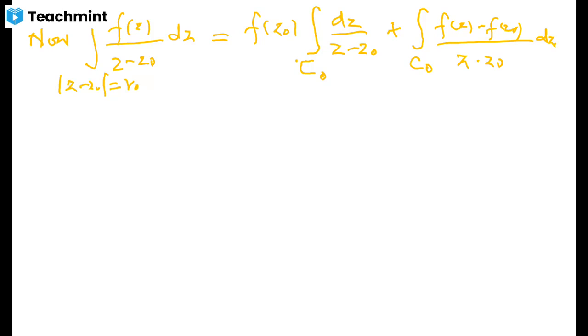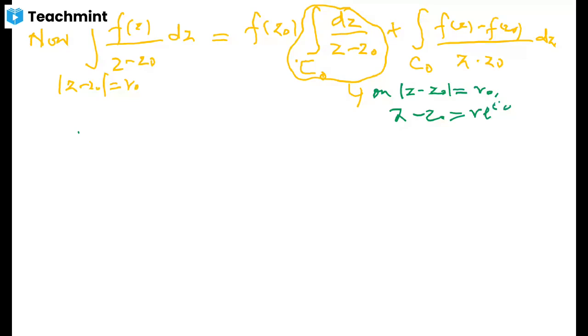But what is the value of this integral? Note that C naught is a circle, on which z minus z naught equals r naught e^(i theta), so that dz equals i r e^(i theta) d theta.